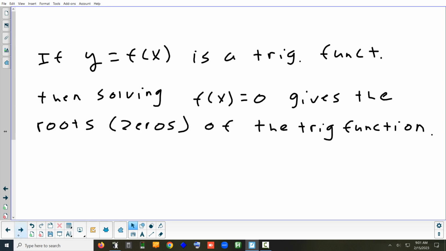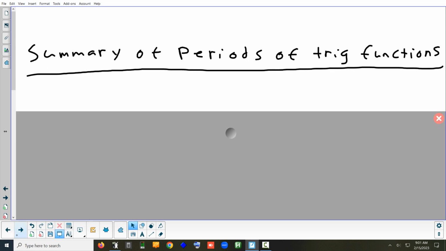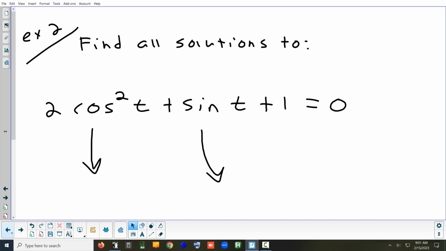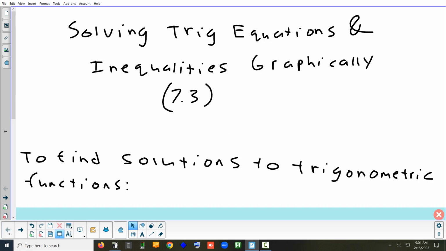So when we're solving problems, if the directions say find all solutions, that's where you have to put plus the period times n on the end of the problem. And I'm pretty sure every question today is going to say all.